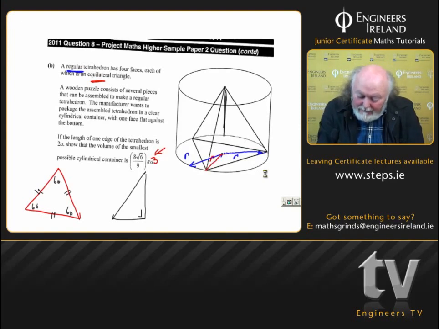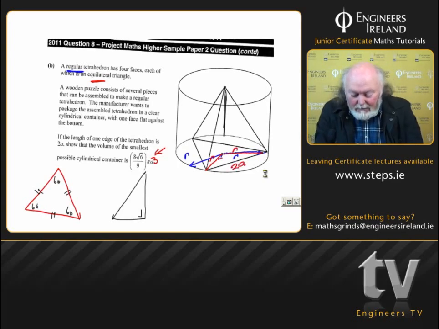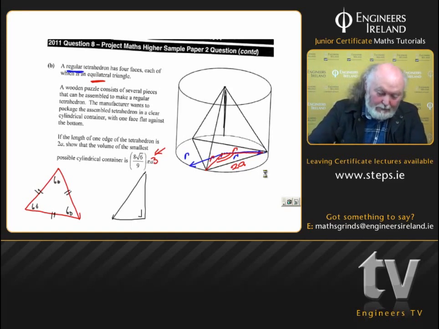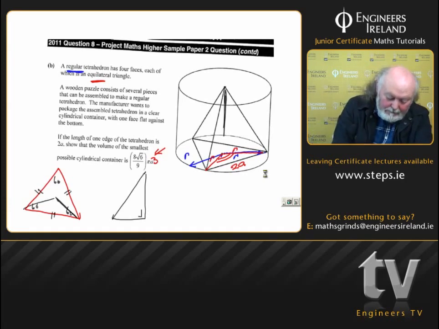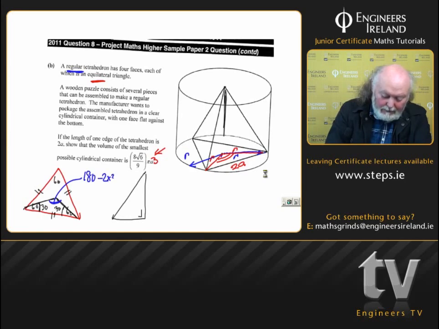I have an R here. I have an R here. I know I have 2A here. What's my angle there? Well, this is what we're doing now. I cut the 60 in two, so I get a 30 here, another 30 here. And that makes this one 180 minus 2 by 30, which is 120.